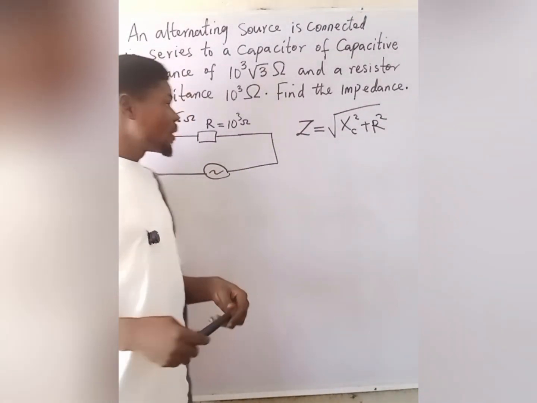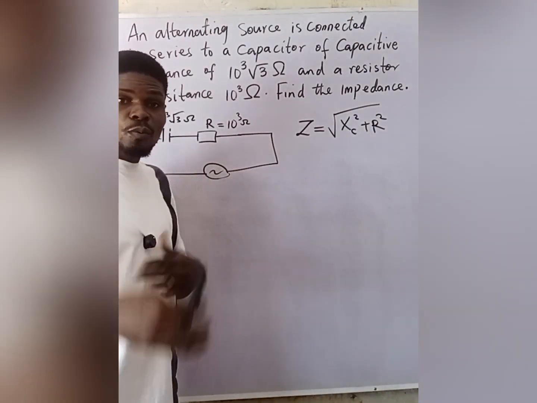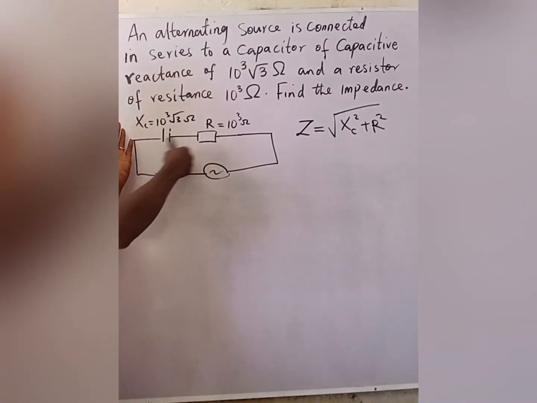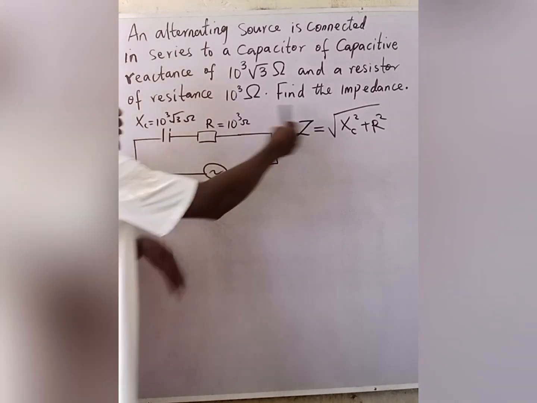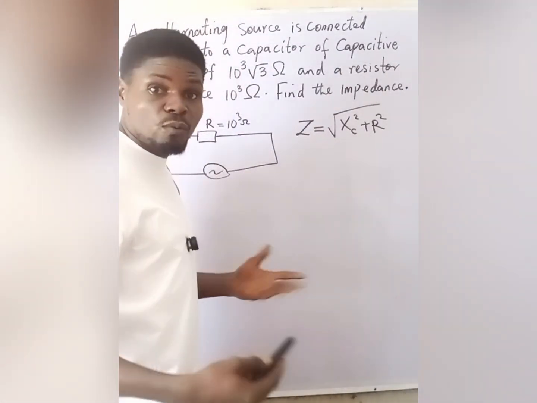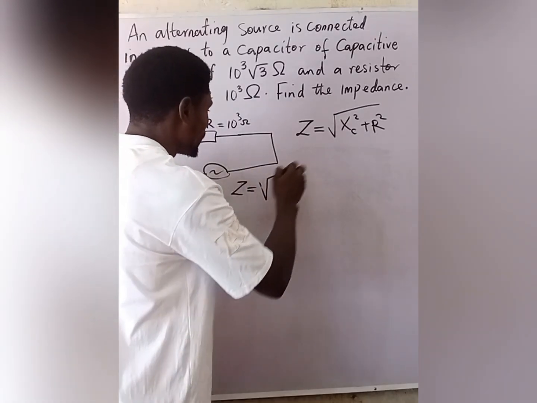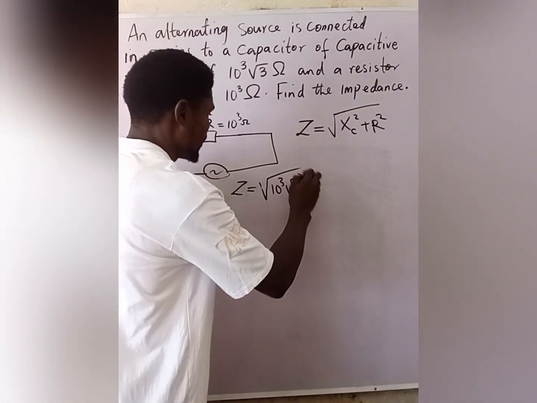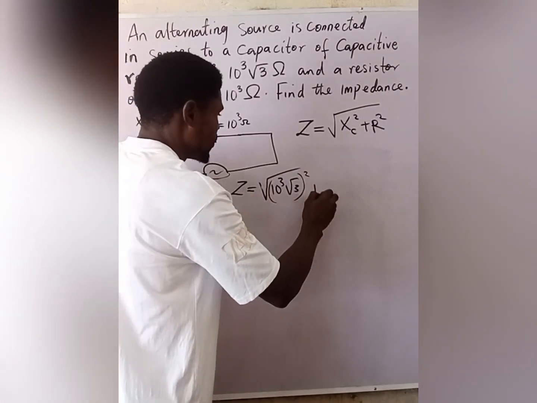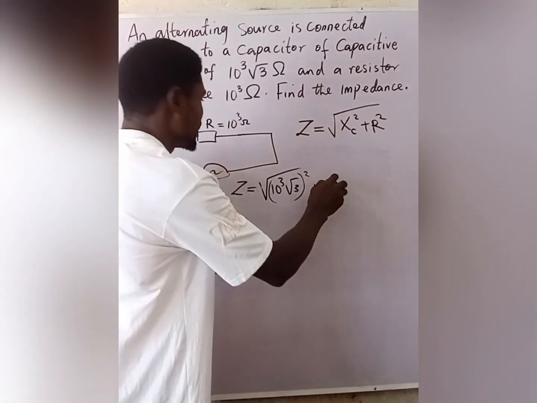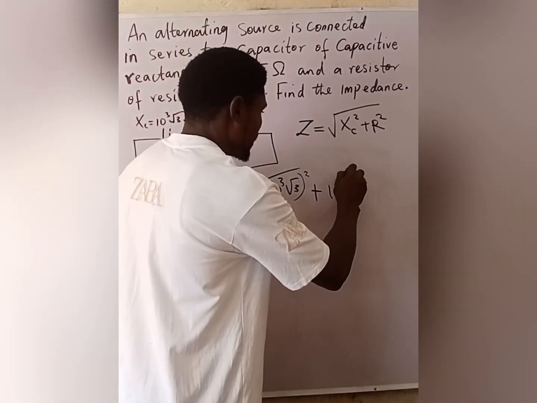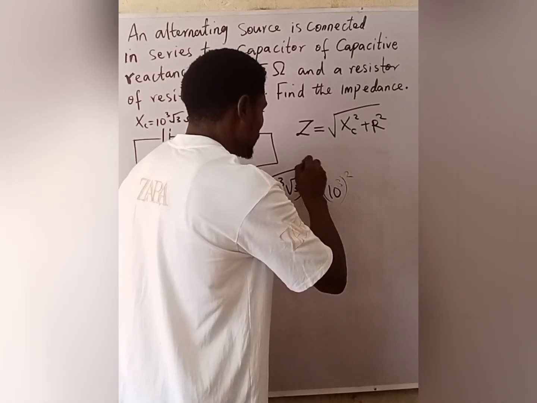To find the total opposition, which is the impedance, we substitute the values from this diagram into this formula and solve. Square root of 10 raised to power 3 square root 3 all raised to power 2, plus R, in this case 10 raised to power 3, all raised to power 2.